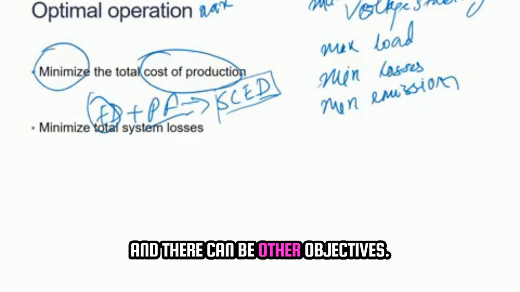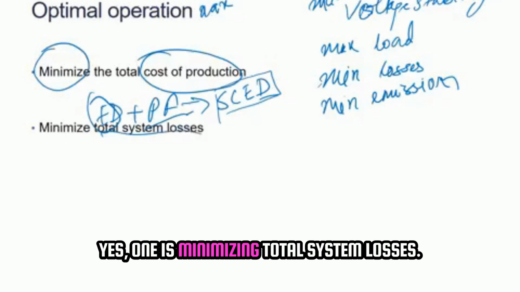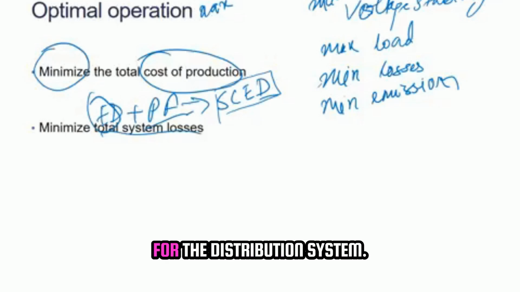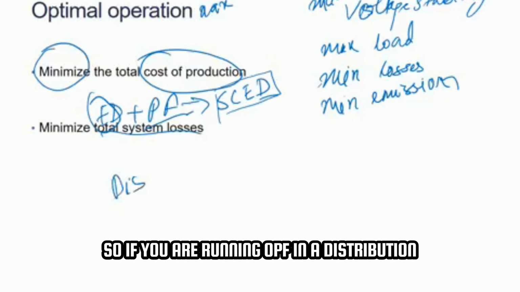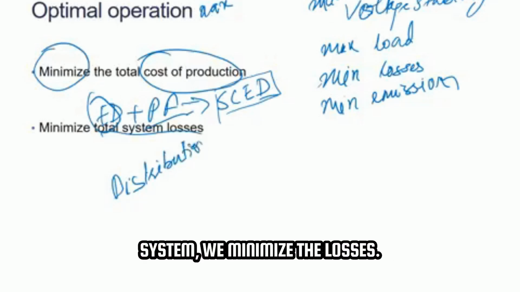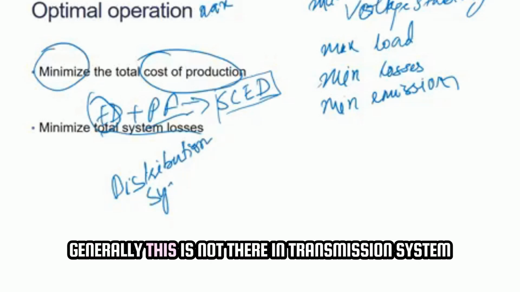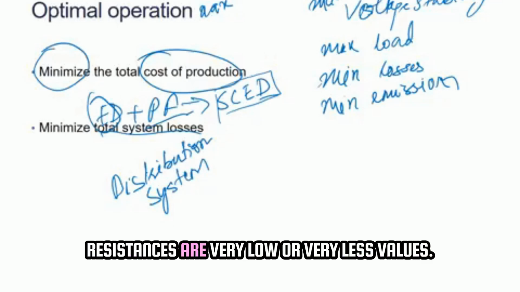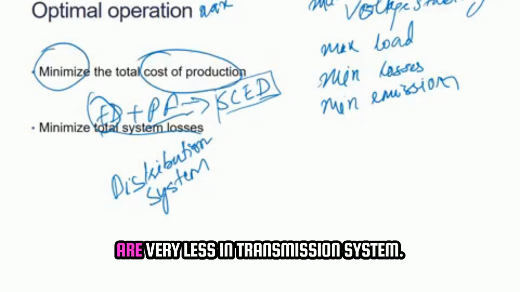And there can be other objectives. Yes, one is minimizing total system losses. Generally, minimization of system losses we want for the distribution system. So if you are running an OPF in a distribution system, we minimize the losses. Generally, this is not there in transmission systems, because in transmission systems the line resistances are very low, so the I square R losses are very small.